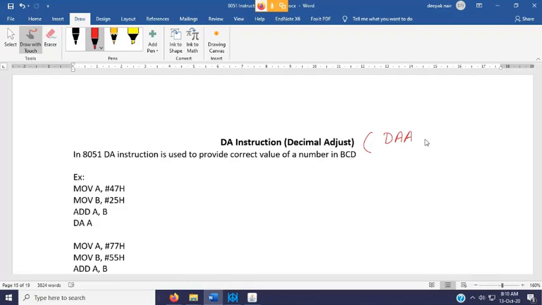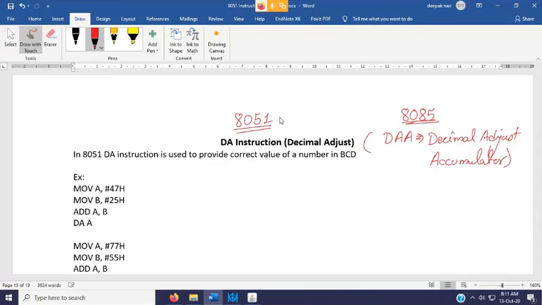So in 8085 we have the same feature, called decimal adjust accumulator, whereas this is in 8051. In 8085 we have a similar command called DAA. This particular feature is available in almost all microcontrollers or microprocessors.